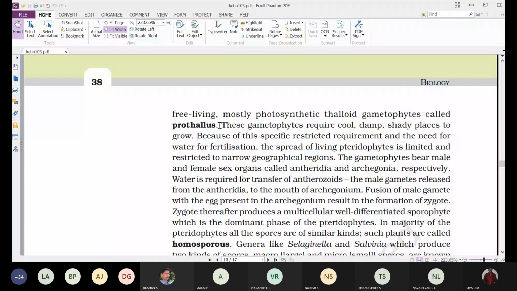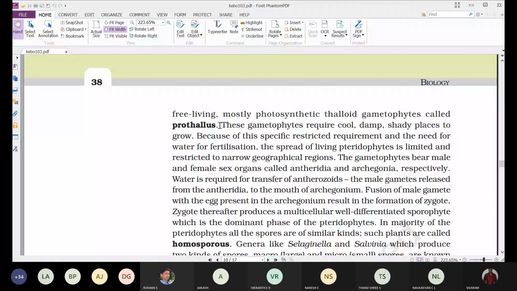Because of these conditions, pteridophytes are not distributed all over the world, and their dispersal is also restricted because they are unable to grow in all conditions. That's why they usually grow in hill regions where more moisture is available and there is regular rainfall. So the distribution of pteridophytes is restricted because of this prothallus stage.